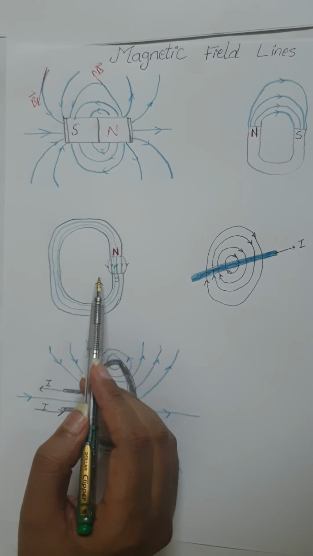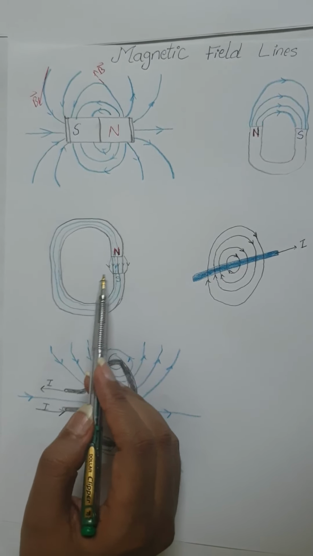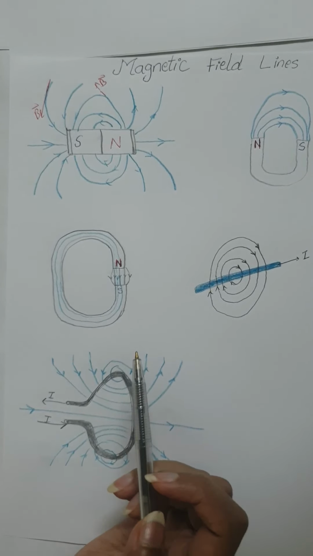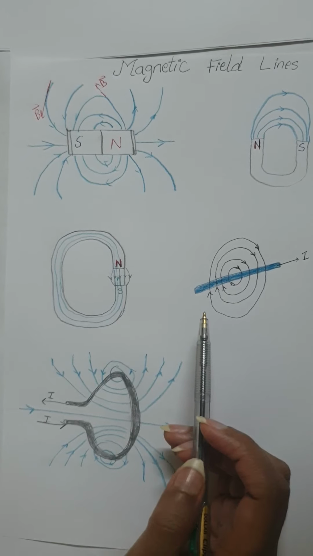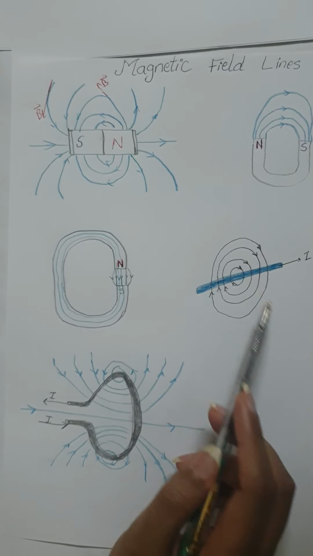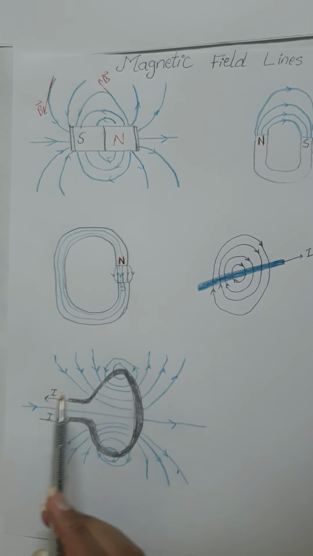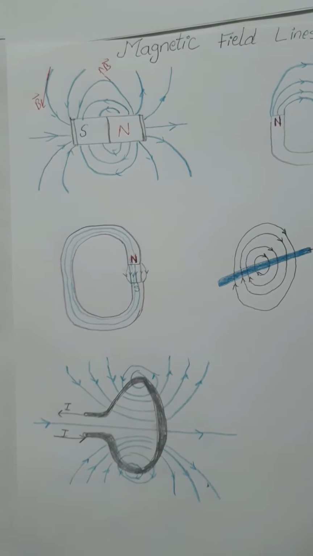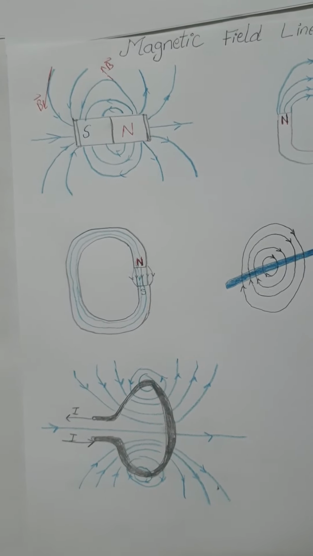It shows that the magnetic field in this region is approximately uniform. Then this is the magnetic field lines of a current carrying wire, and here this is the magnetic field of a current carrying loop.